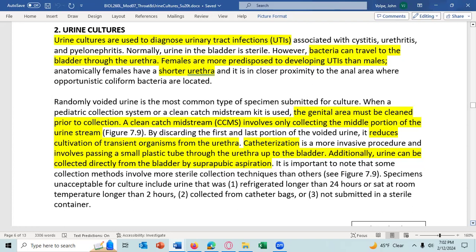You do not want your kidneys infected. It's bad enough to have your bladder infected, bad enough even to have your urethra infected.